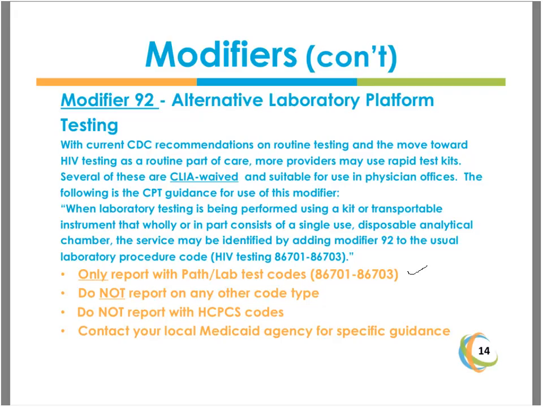This modifier is never reported on the E&M codes, which were covered in Series 1. This modifier is never used on HCPCS codes. The HCPCS codes are the codes that begin with the alpha G, as in George. And for further guidance on the appropriate use of this modifier, you should contact your local Medicaid agency for specific guidance.